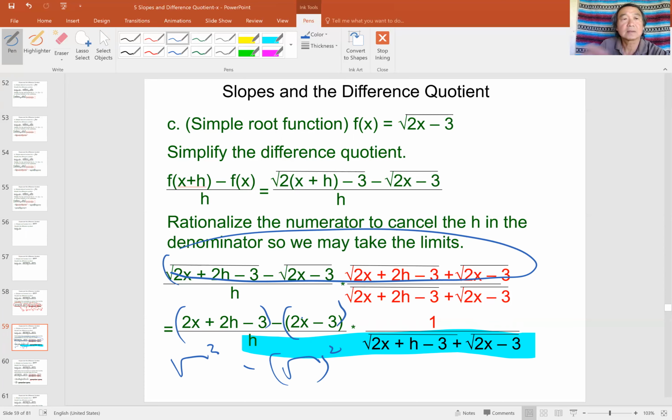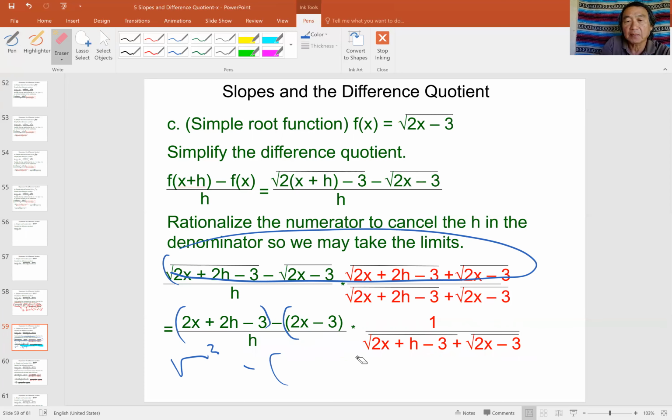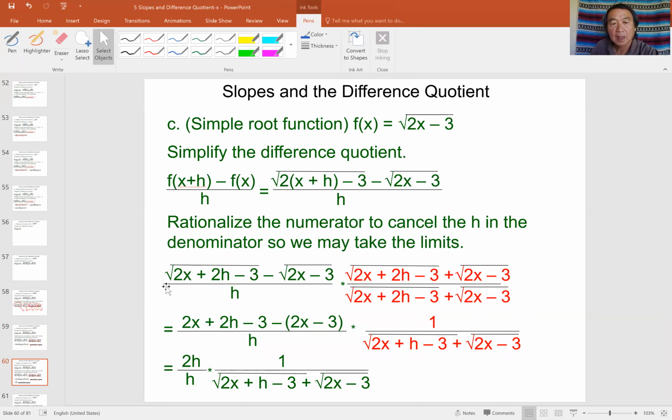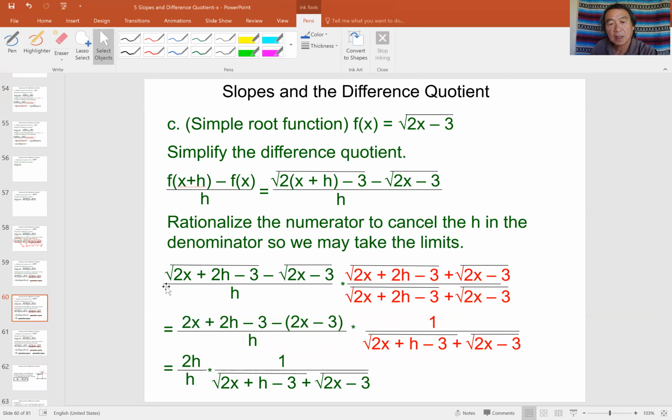And so this is how you clean up a simple square root formula. Multiplying by the conjugate, and again, what it comes out with is only h left on the top, and then you can cancel with the h on the bottom, and that's the finished product.